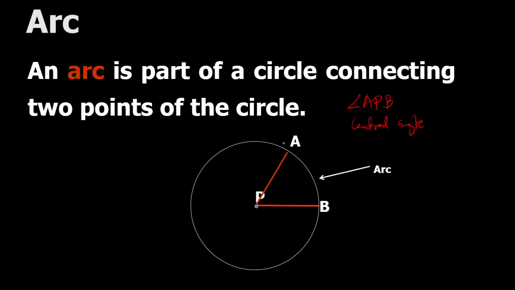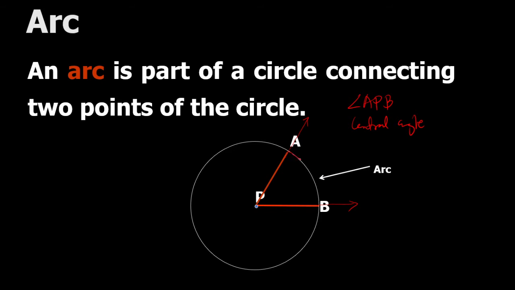Now, as you can see, if we continue sketching or drawing the line, the given angle intercepts the given part of the circle.